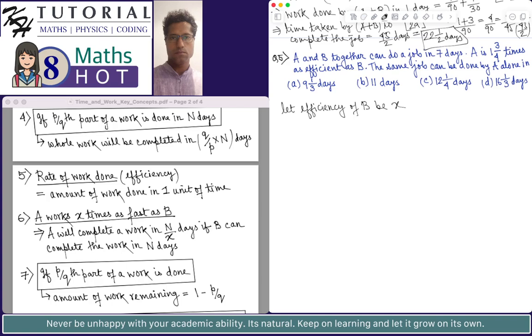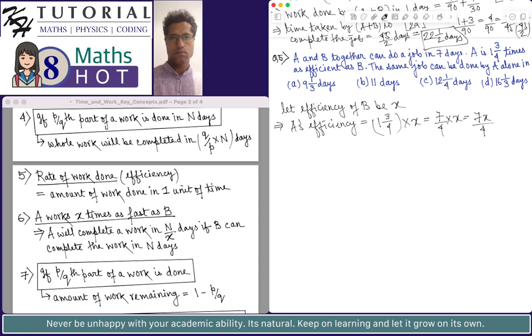So we are assuming that efficiency of B is X. As per the given problem, A's efficiency will be equal to 1 and 3/4 times X. So this is equal to 7 by 4 multiplied by X, this is 7x by 4.